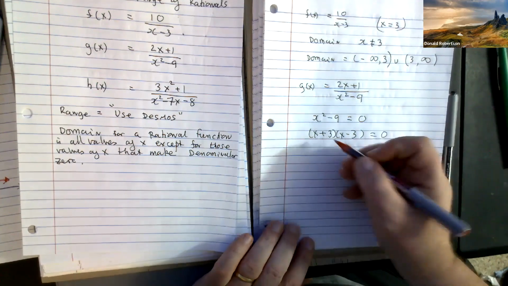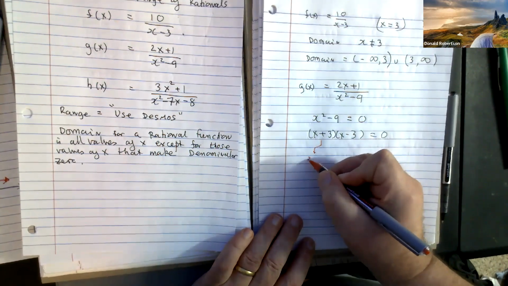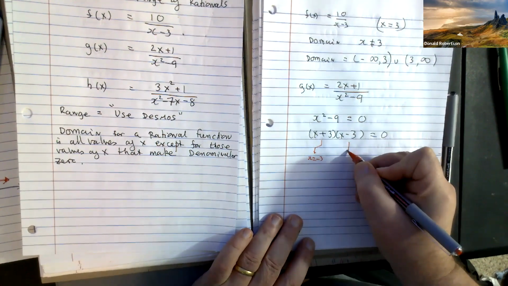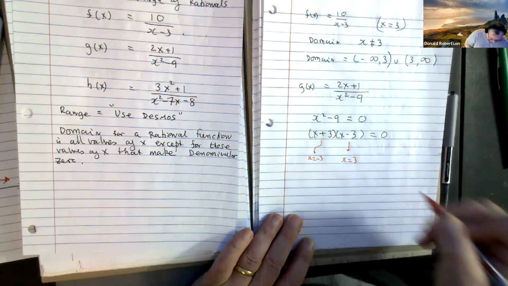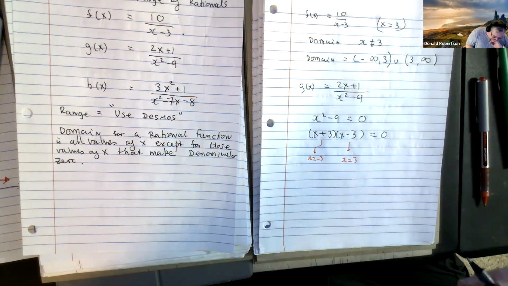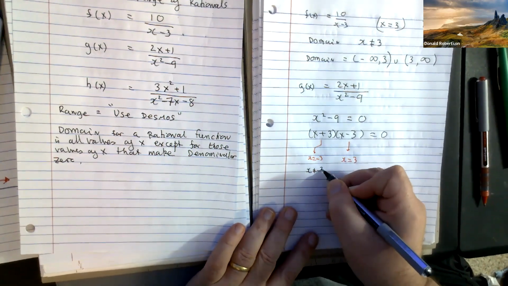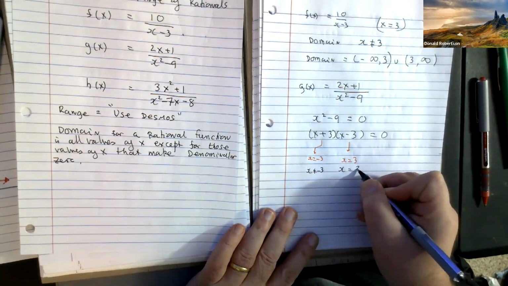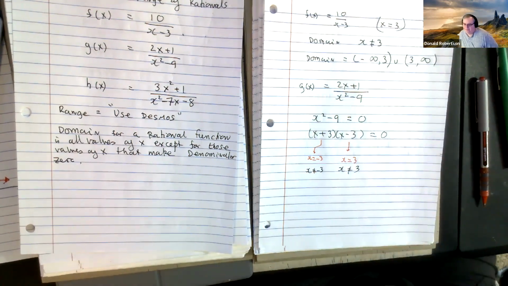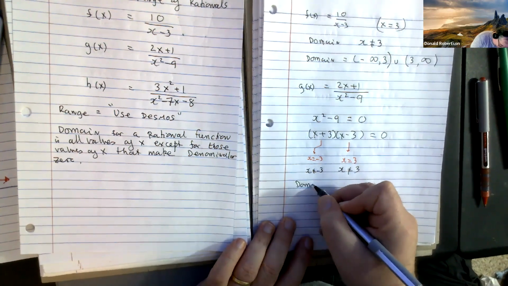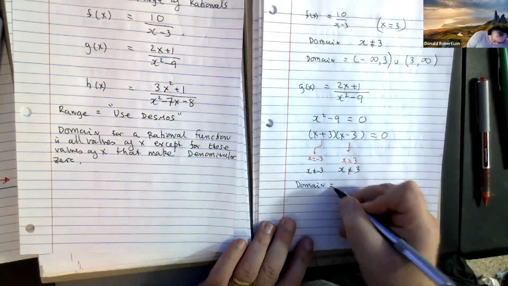Now, factoring it, right? What does that lead to? Well, it leads to 2 distinct situations. If x is -3, you get 0. And if x equals 3, you get 0. So in our world, you cannot use 3 and you cannot use -3. And so we will write the domain down. And now it gets really ugly.